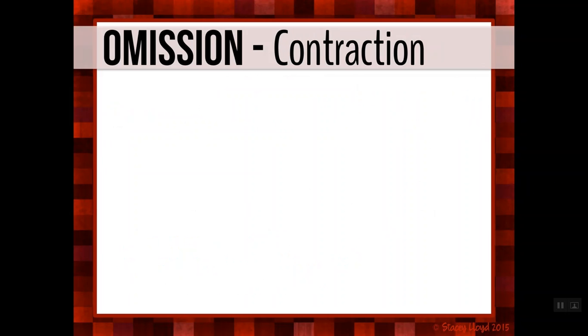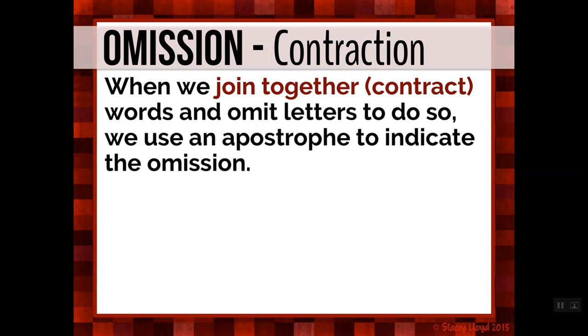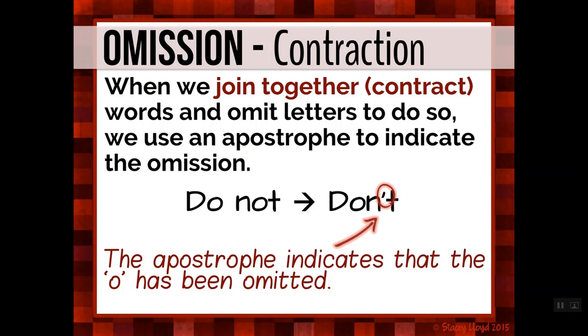We don't use contractions in formal writing because they're very informal. When we join words together and omit letters to do so, we use an apostrophe to indicate omission. So do not, don't. We took the O out. We use this in our speech: don't, won't, and all those kinds of things. But we don't use those in academic formal writing.